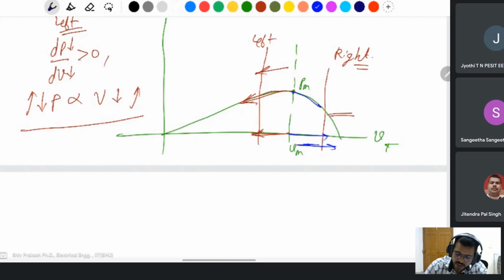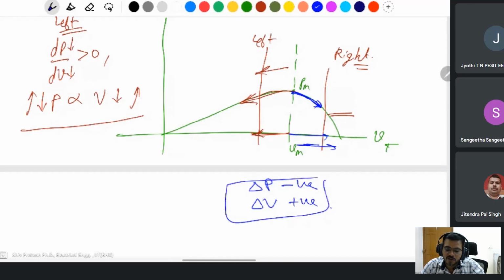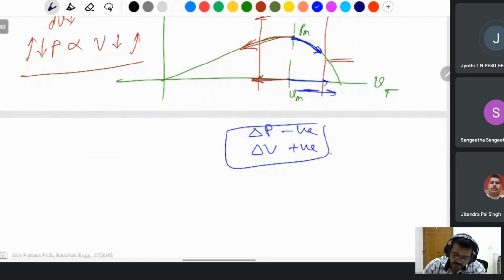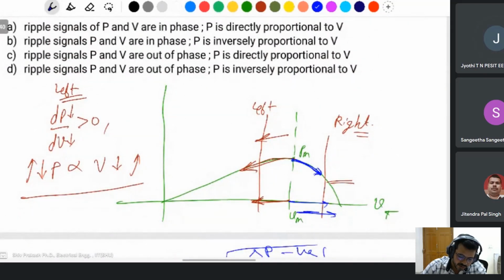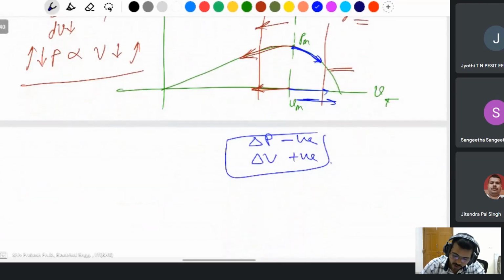Yes, it means delta P is negative and delta V is positive. These are opposite. The ripple of this one will be opposite. You can say this will be out of phase. On the right hand side, it will be opposite, out of phase.